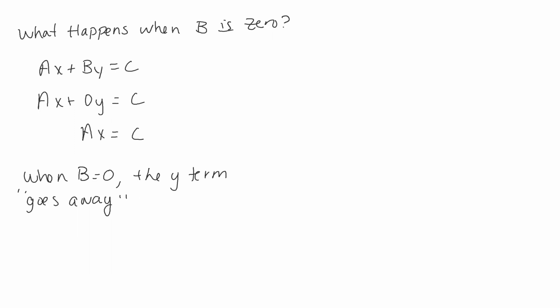So the y term goes away, leaving an equation with just x. We had this linear equation in two variables, we let the coefficient of y be 0, it makes that term go away, and you're left with just an equation involving x.